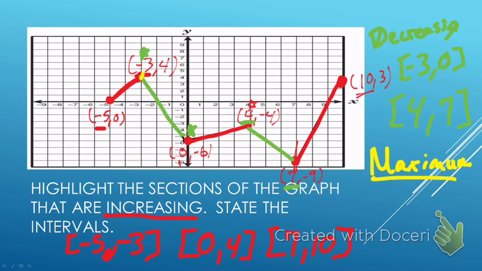The first maximum that I see is going to be over here at -3, 4. And then I go downhill to 0, -6, but then I go up to 4, -4. So 4, -4 is going to be a maximum because I see that I'm starting to go back downhill again.